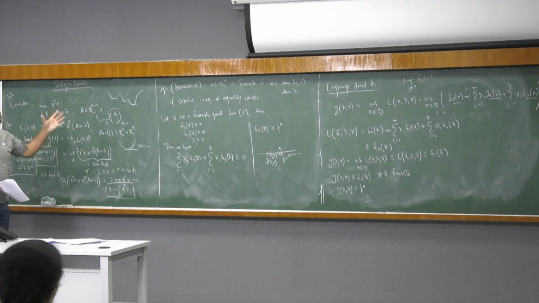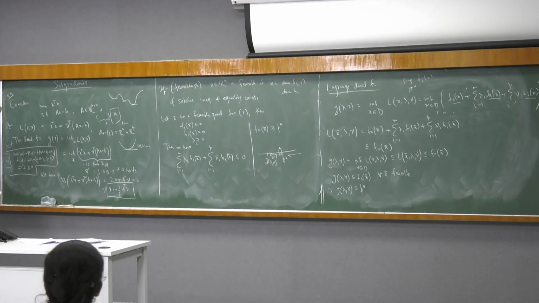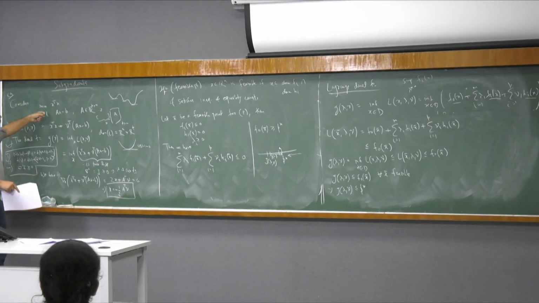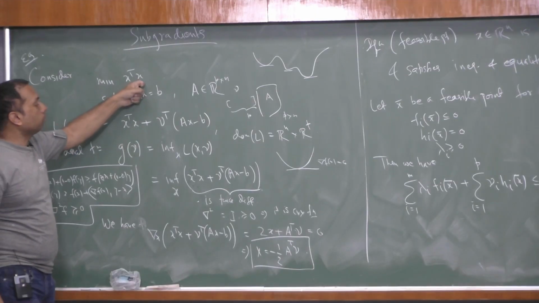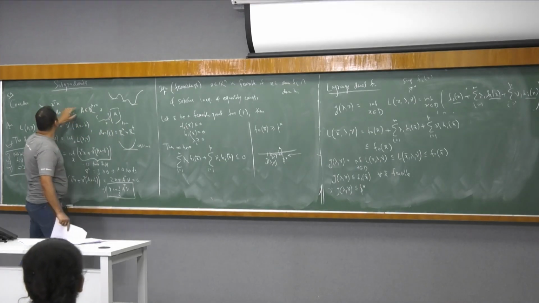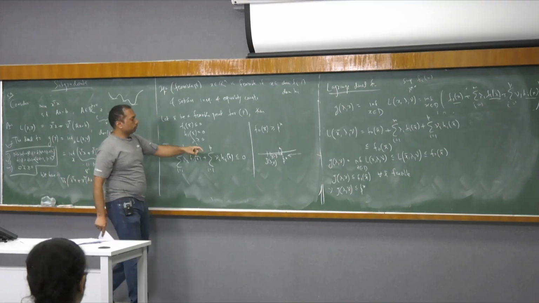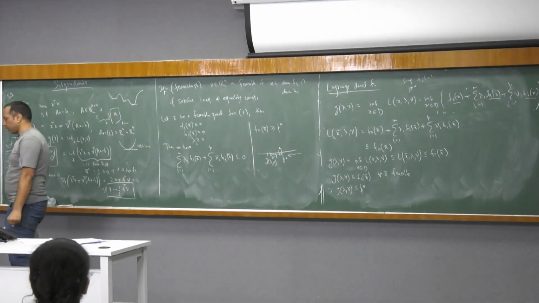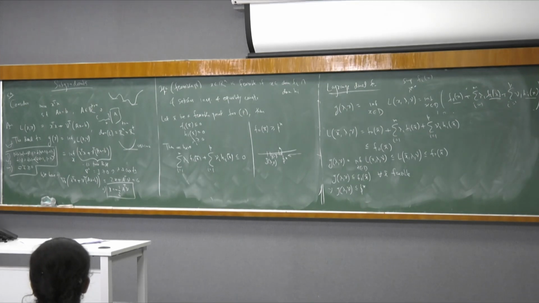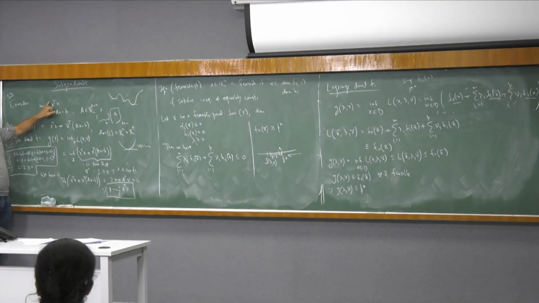Because I maximize in terms of nu, but how are nu and x related? Because someone who gave you this optimization problem, they want x, not nu. So you have found the value of f naught for certain nu star, but how are nu star and x star related? X star is the primal optimal that I want, which is the one that minimizes this, right? So yeah, we will see how.